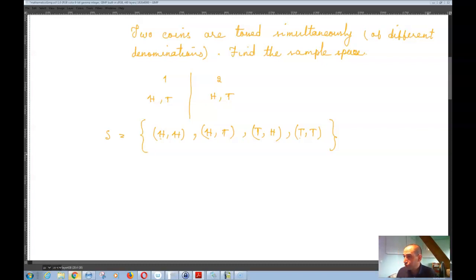Example number 2: find the sample space associated with the experiment of rolling a pair of dice, one blue and the other red, thrown once. Also find the number of elements of this sample space.